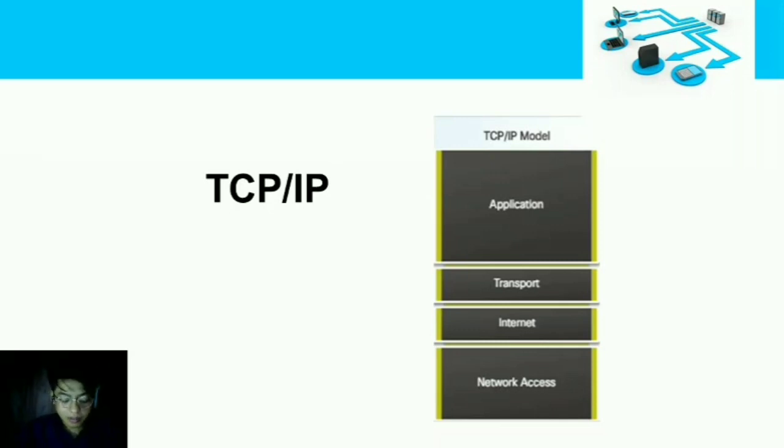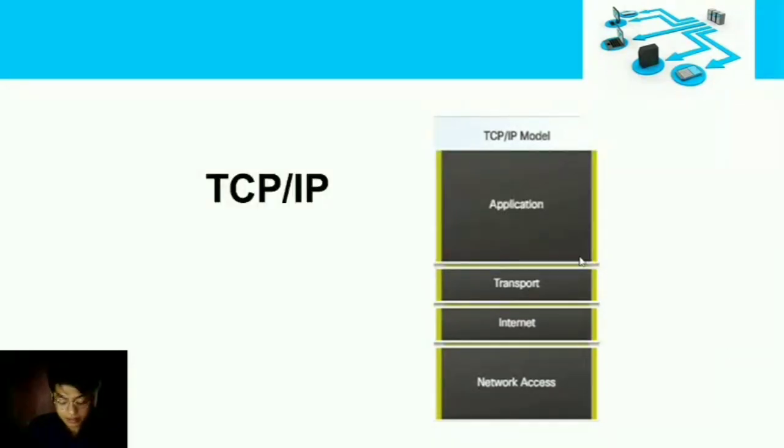Then, let's talk about the TCP/IP model. There are 4 layers of this model, which are application, transport, internet, and network access. The application layer provides applications with standardized data exchange. The transport layer is responsible for maintaining end-to-end communication across the network.